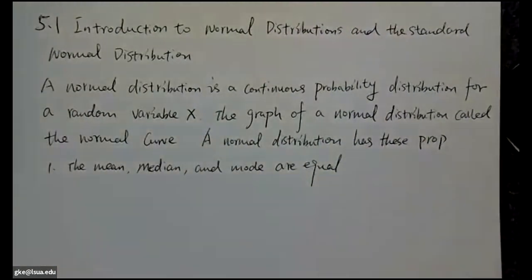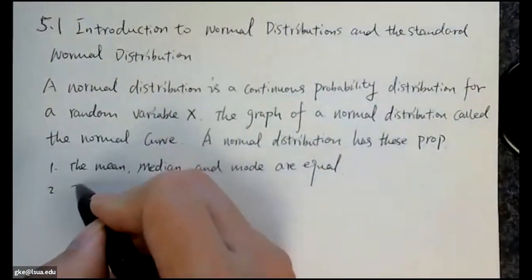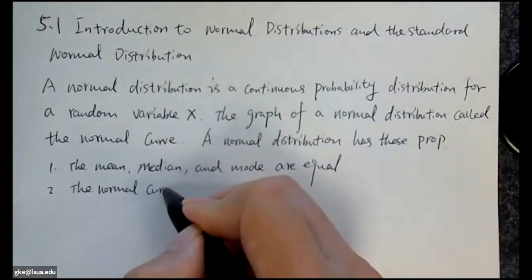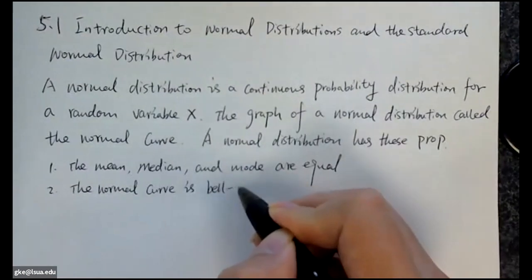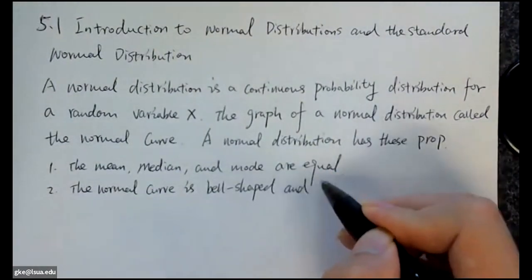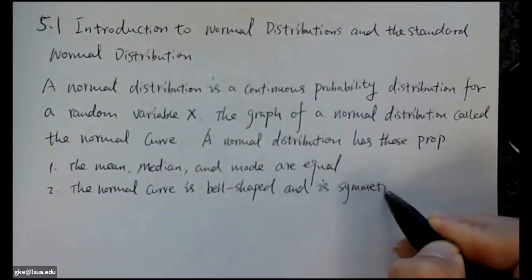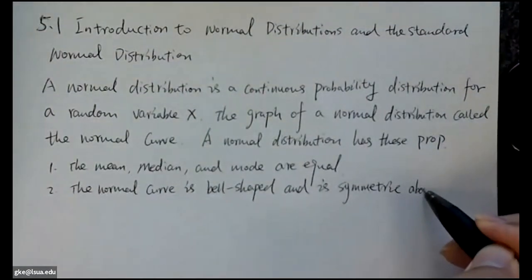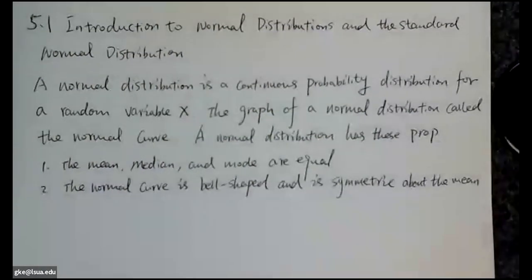Okay. Second, the normal curve is bell-shaped and is symmetric about the mean. Okay. 3.